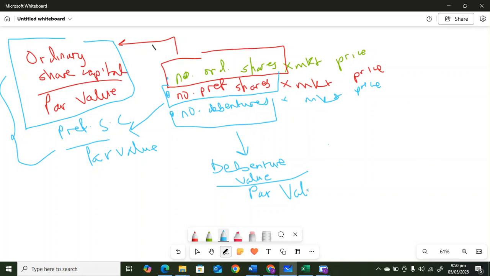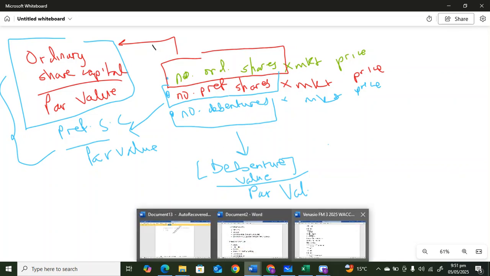These are called securities: shares, preference shares, debentures. So the number of debentures is the debenture value on the balance sheet divided by the par value. Even ordinary share capital and preference share capital, these values are down the balance sheet.